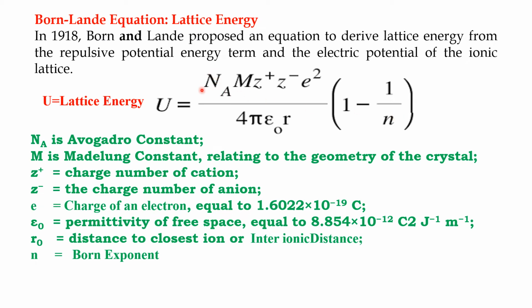Where N_A is the Avogadro number, M is a constant called the Madelung constant.